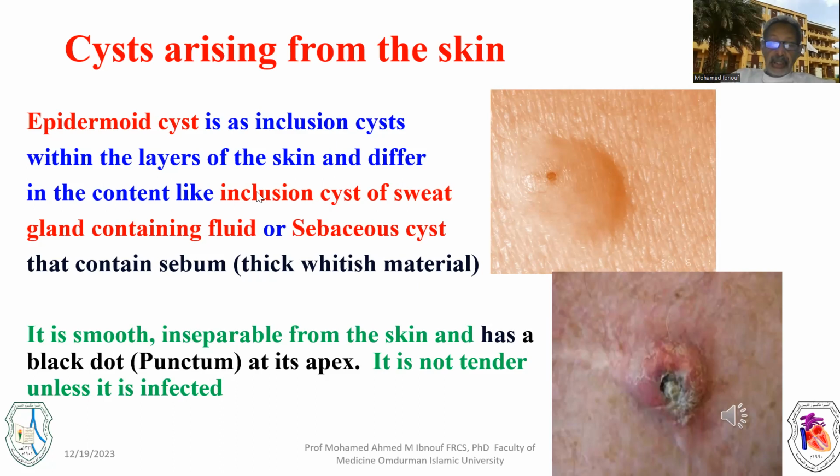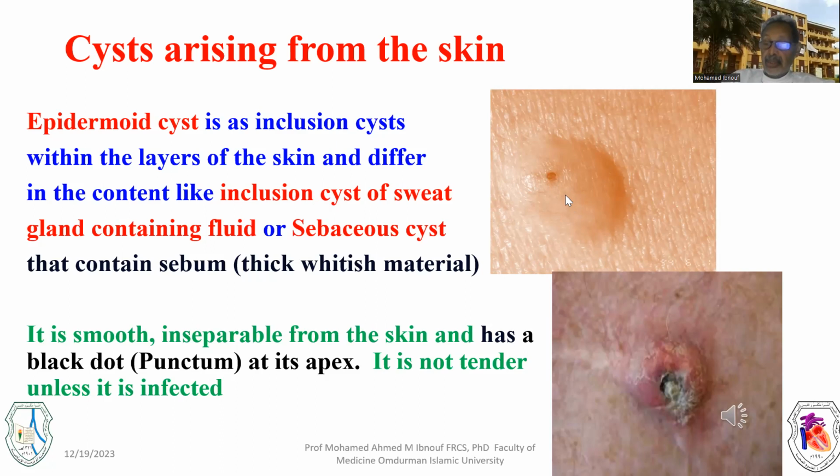The inclusion cyst has different contents, like sweat gland inclusion cyst, retention cyst, containing fluid, and sebaceous cyst, which contains sebum, a thick whitish material. The sebaceous cyst is characterized by a black dot at its apex called a punctum. Usually it is smooth, rounded, and not tender because it is small.